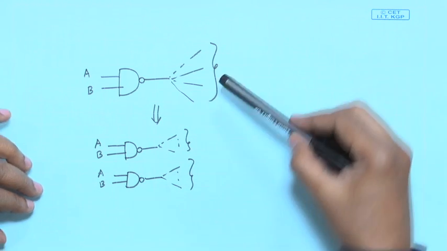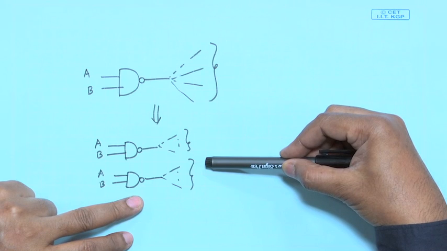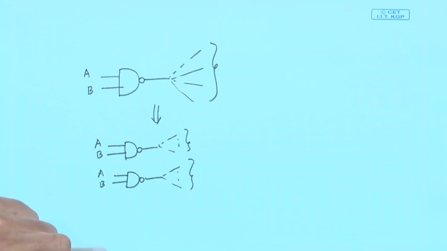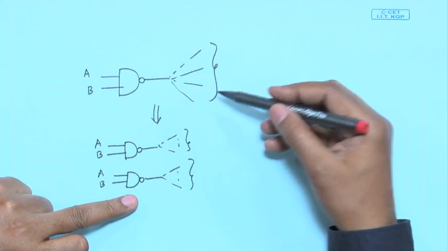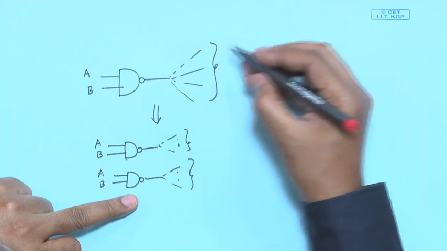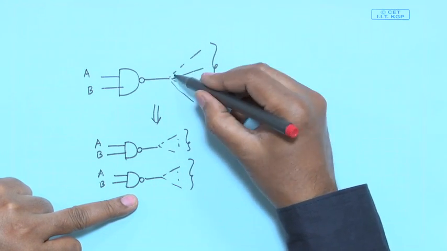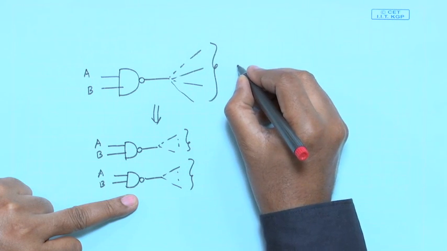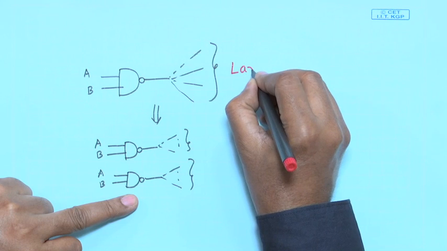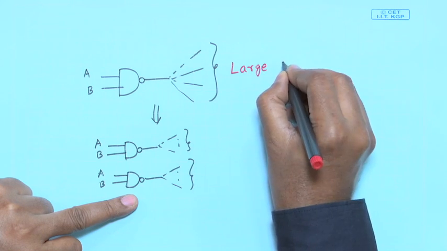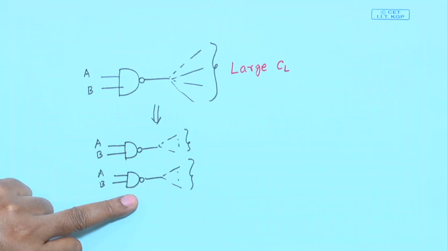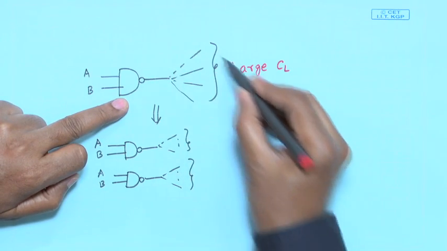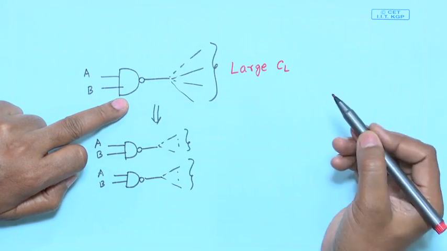So, why may we need this cloning? There can be two broad reasons you can think of. First, there can be a large number of fan out connections, which means you may have a large value of load capacitance, which means this gate will be driving that load capacitance, and charging and discharging will become slow.